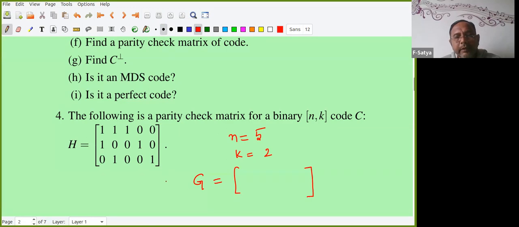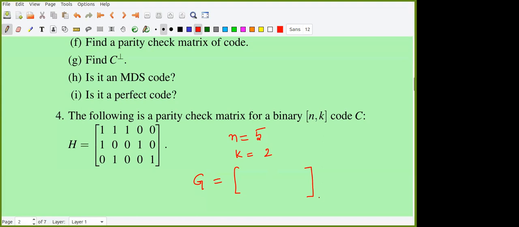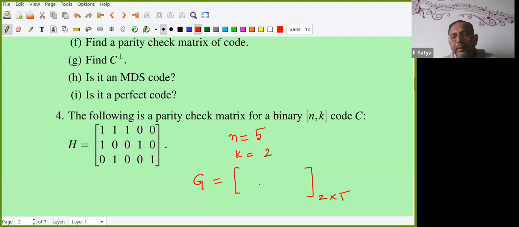What is G? You know that this comes from G by doing A transpose and identity, correct? So now what is the size of this matrix? You remember that? Tell fast here. 2 cross 5. So 2 rows will be there and 3 columns will be there. What are the 2 rows?